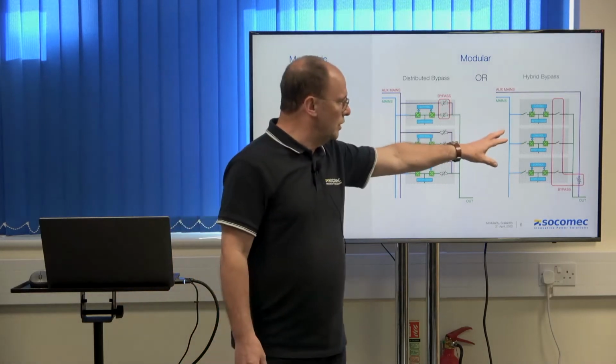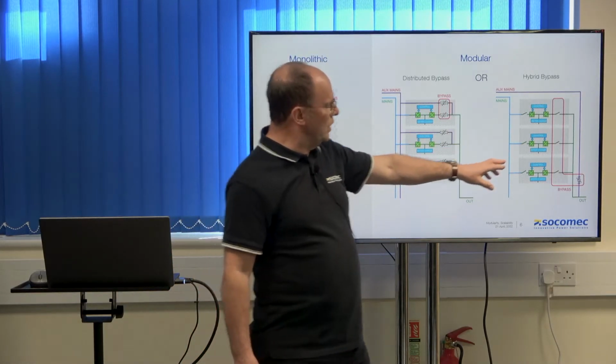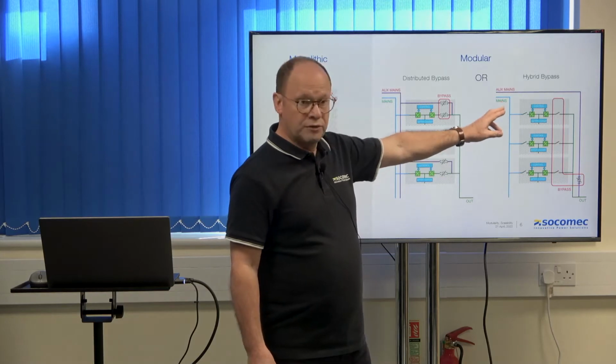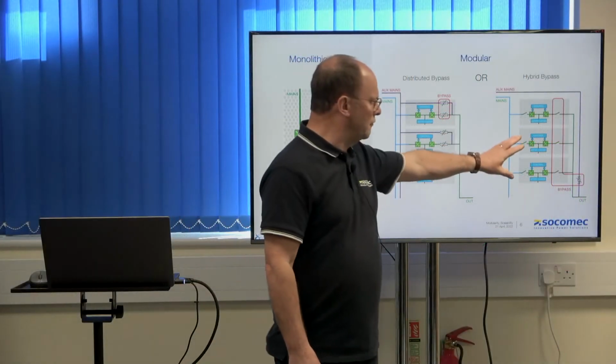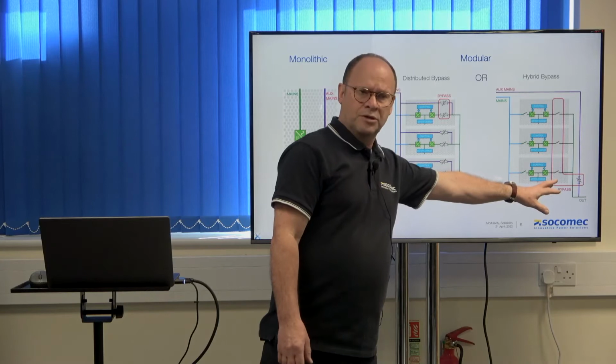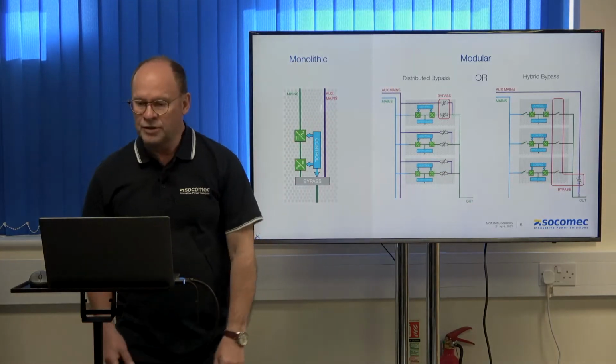And an alternative one, more of a hybrid system where, again, the three modules have rectifier and inverter, but a system level central bypass and galvanic isolation for each of the modules. We might use this for very low power systems up to about 20 kVA, but generally we prefer on our medium and high power systems to have a central bypass.